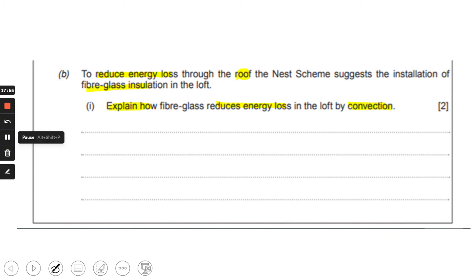So the first point we want to make is that the fibres of insulation prevent trapped air from circulating.